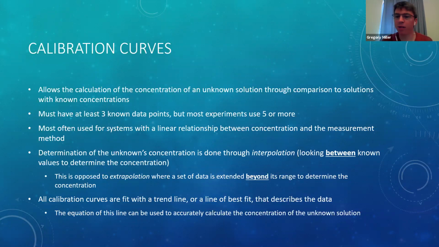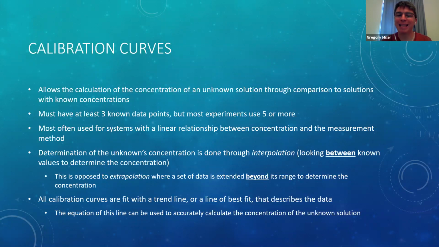Sounds like exactly what we did week 1, comparing our known samples and our unknown samples to identify what the unknown was. Same idea. In this case, we'll be using the density and concentration of our solutions so that we can find the concentration of an unknown solution.